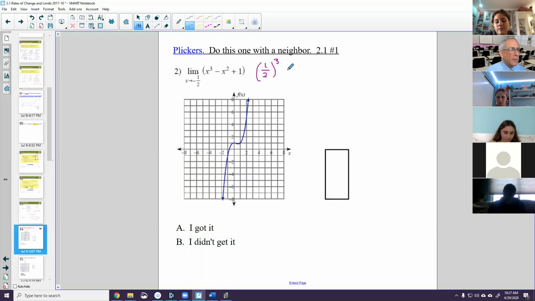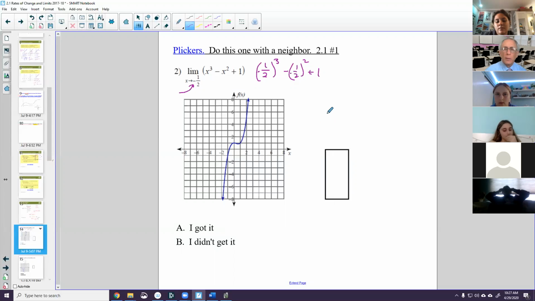So you did 1/2 cubed minus 1/2 squared plus 1. That what you did? Yeah. The only thing you did wrong is, and it's really hard to see, but this is -1/2. Oh. So no big deal. I'm sure you got the concept right. You would have put a negative in there, and then a negative in there, right?